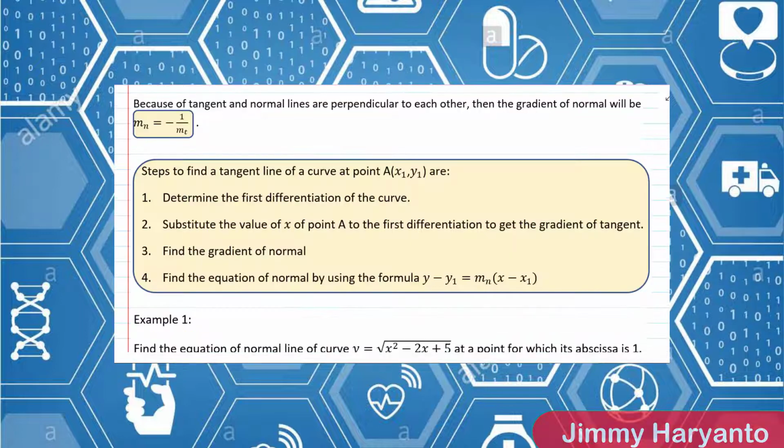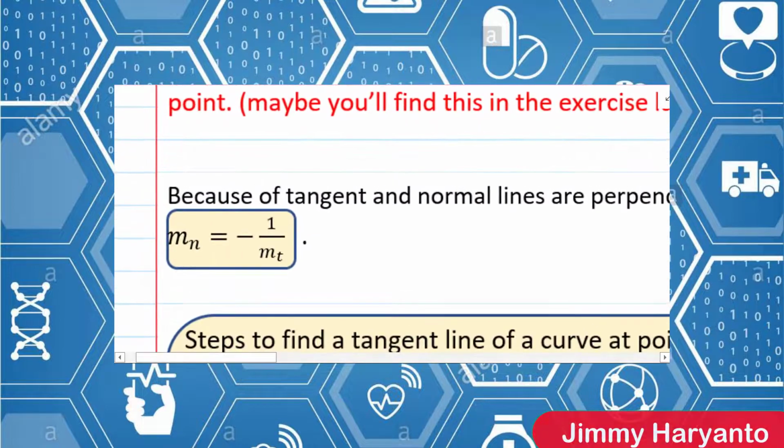Okay, next is the normal line. Because the tangent and normal lines are perpendicular to each other, the gradient of the normal will be m normal equals negative 1 over m tangent.